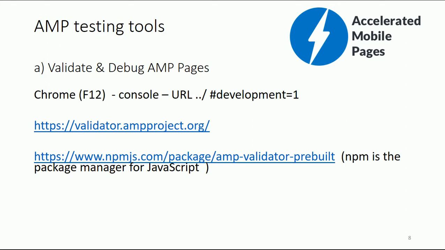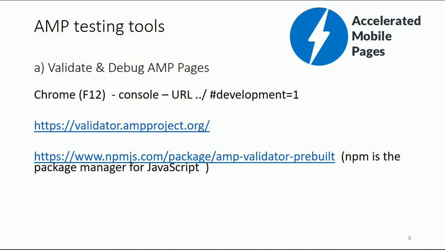One is how we can use the Chrome console itself, and I will also show you how to validate AMP code. Also, if you are a developer, I will briefly introduce how you can integrate the AMP npm package into your development environment.